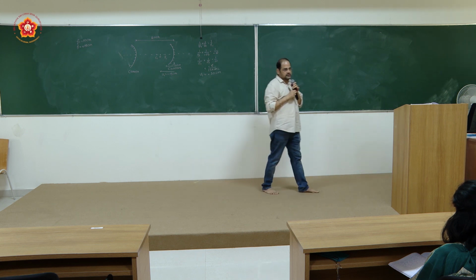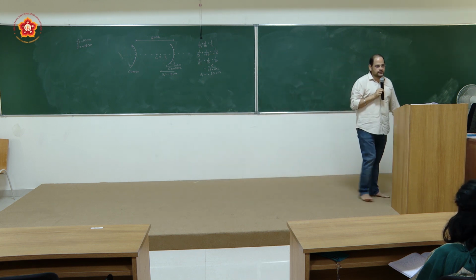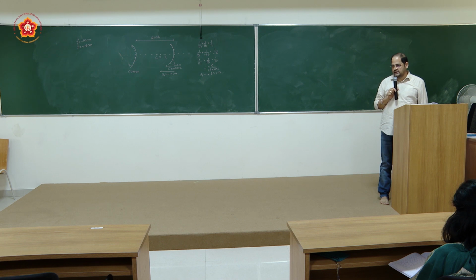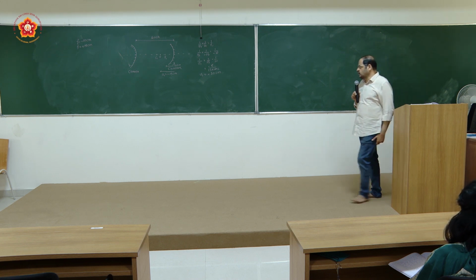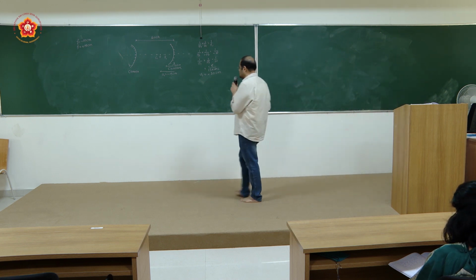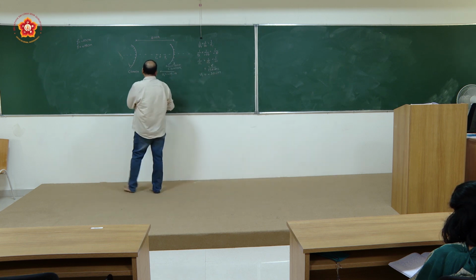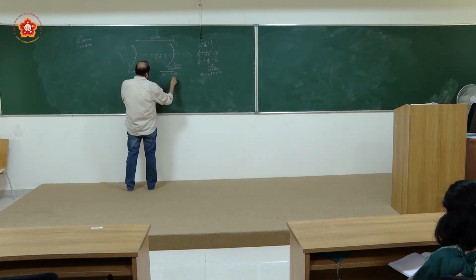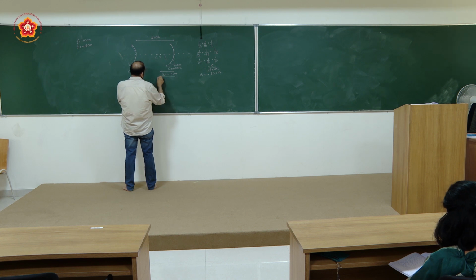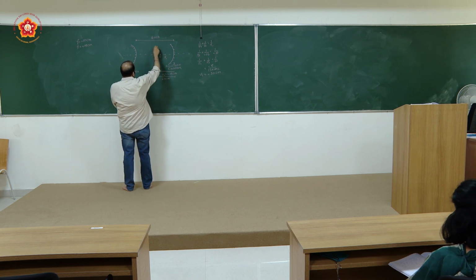Have you got up to this mark? Does everyone follow up to here? Minus 30 centimeter. So this distance from here to here will be taken as minus 20 centimeter. Total distance is 40 centimeter.